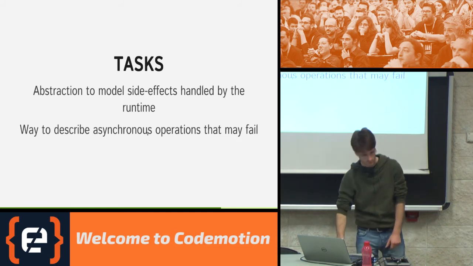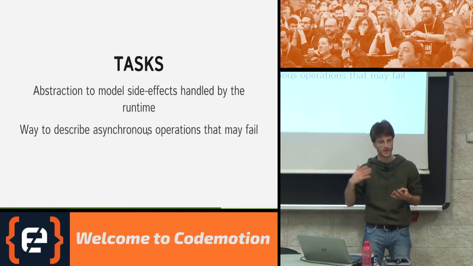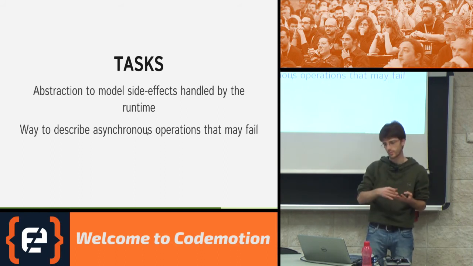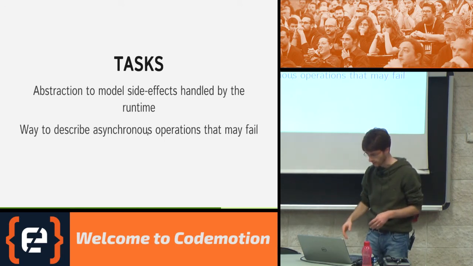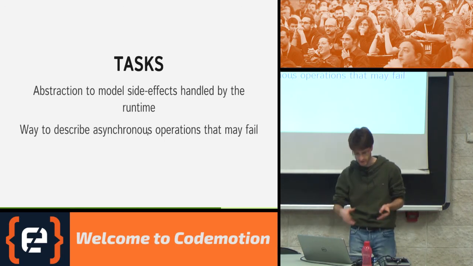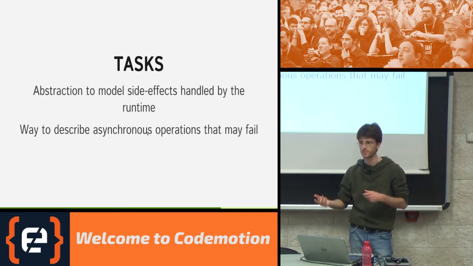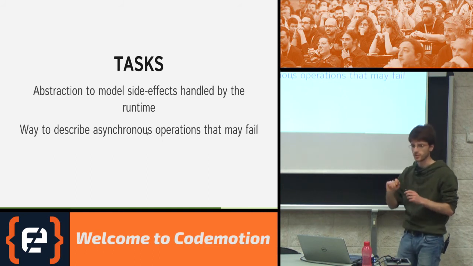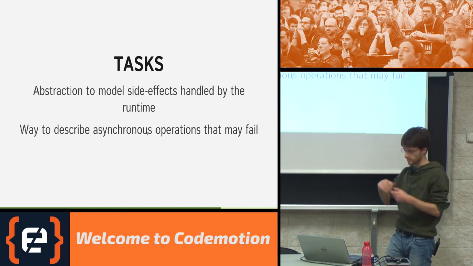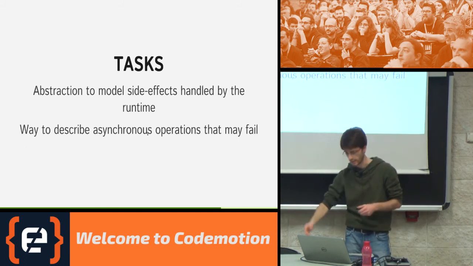In Elm, these work as lightweight threads, so you can have multiple of them running at the same time, and the runtime will just hop between them, not slowing down your application. They are a similar concept to what promises are in JavaScript, almost the same thing, just a maybe nicer API. And like promises, they can be chained, so after you finish a task, you can start another one.